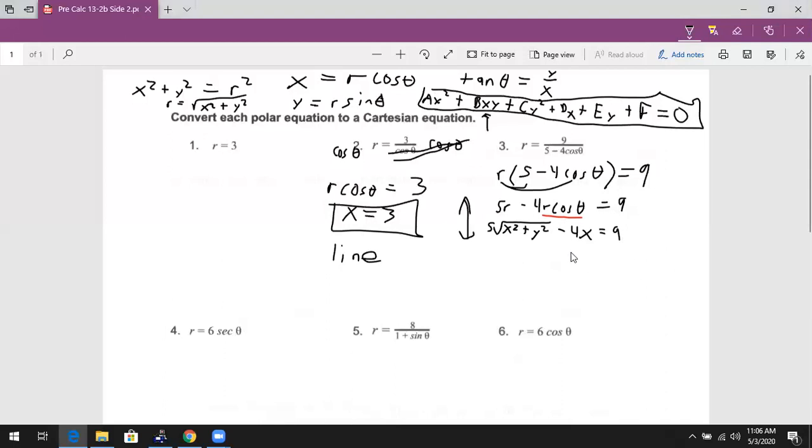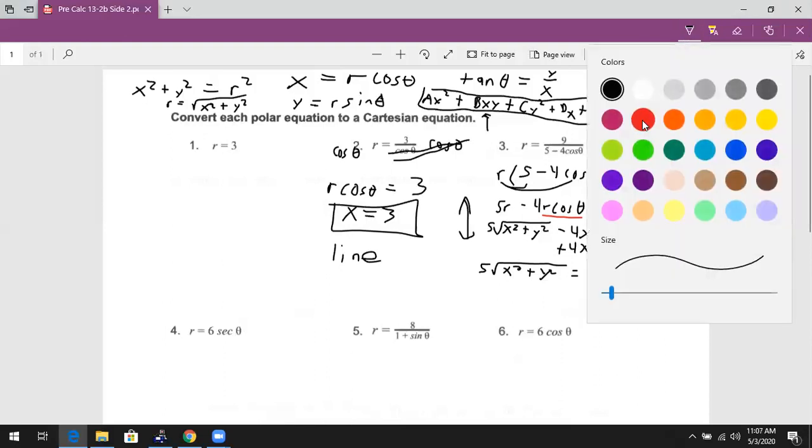Now, the next thing you're going to want to do is bring this 4x over and get 5 times the square root of x squared plus y squared equals 4x plus 9.